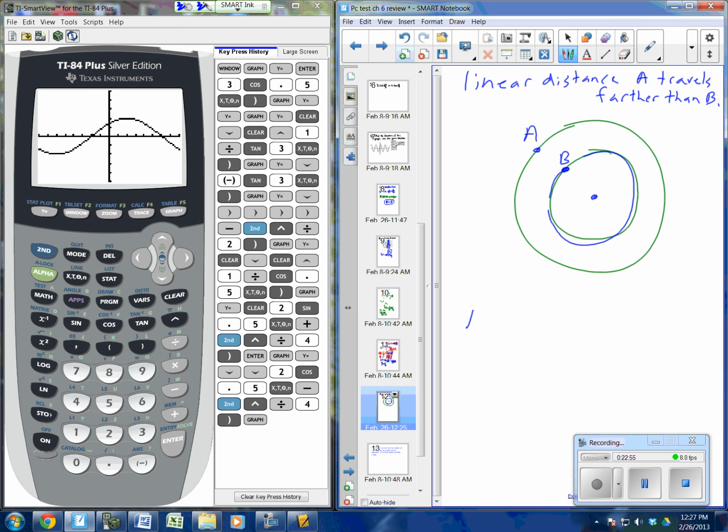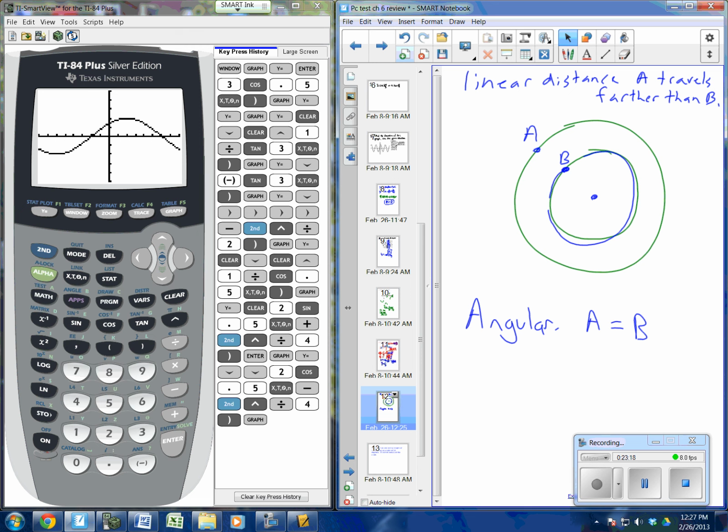But if you're talking about angular distance, they both turned 360 degrees in one turn. So in angular, A and B are equal. That's the difference. Do you understand that? One's a linear distance, one's counting the angle measurement.